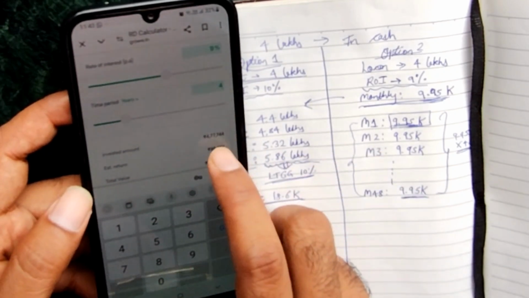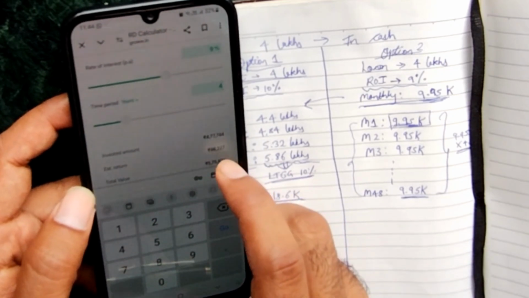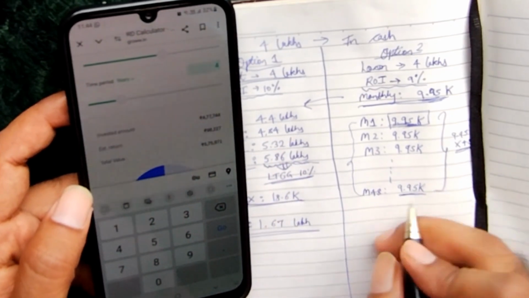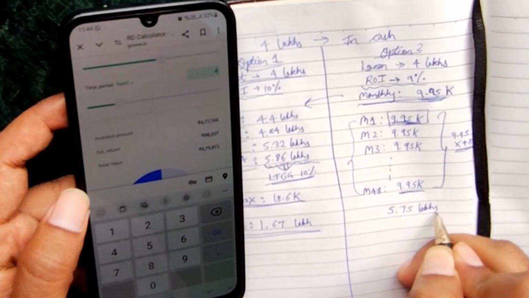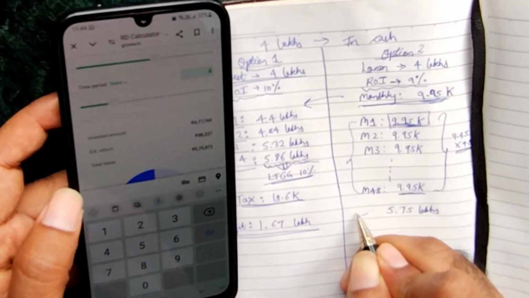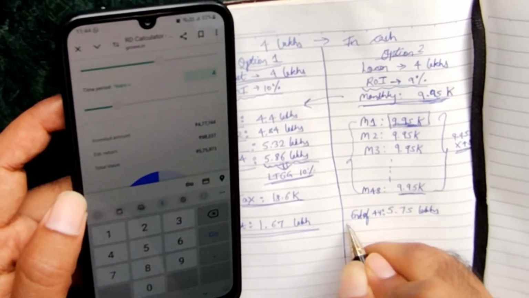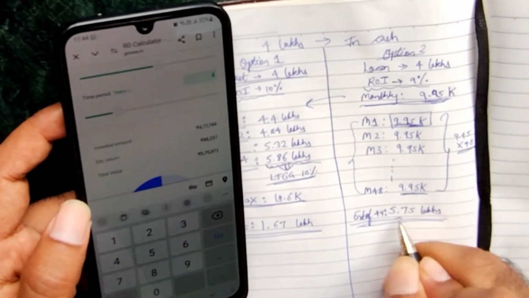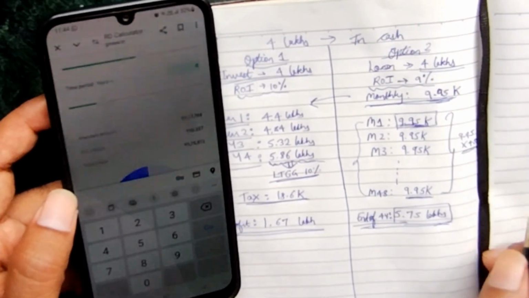See, the invested amount is 4.77 lakhs, but the estimated return becomes 98,277. That means the total value is 5.75 lakhs at the end of 4 years. So at the end of 4 years, he would end up paying 5.75 lakhs for the 4 lakhs principal which he has taken.